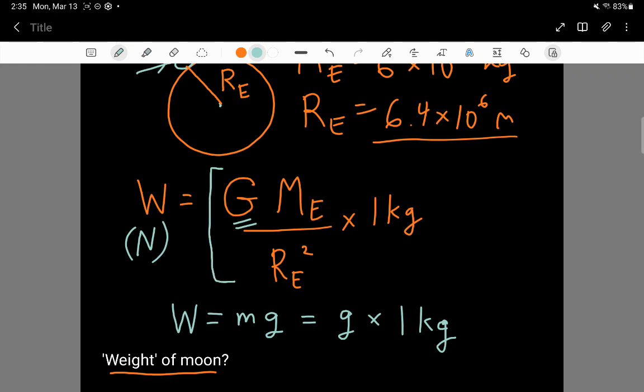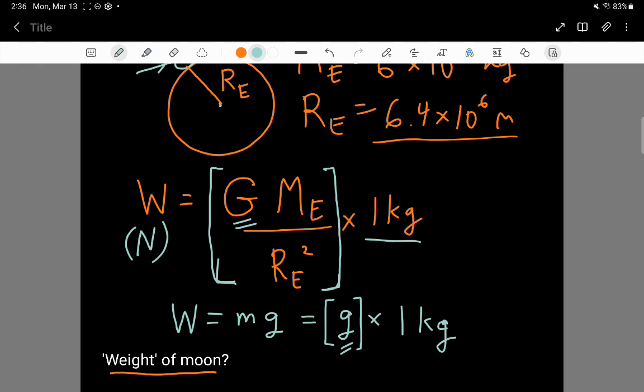If you look at everything sitting here, it's multiplying the 1 kilogram object's mass, which means that everything that sits inside of this bracket that I just drew is actually lowercase g. And this is the sense in which lowercase g is being predicted by Newton's universal law of gravity.